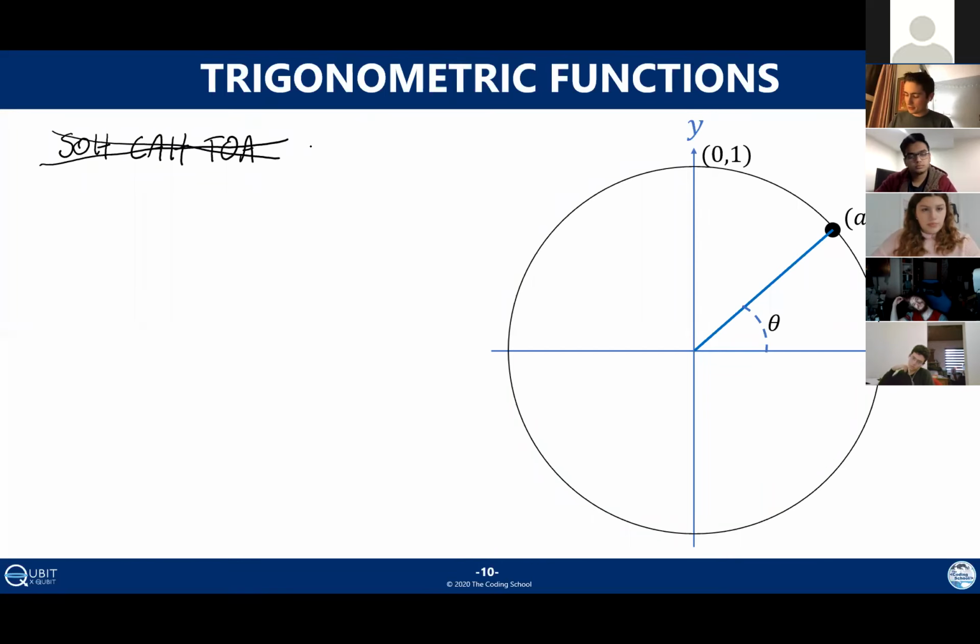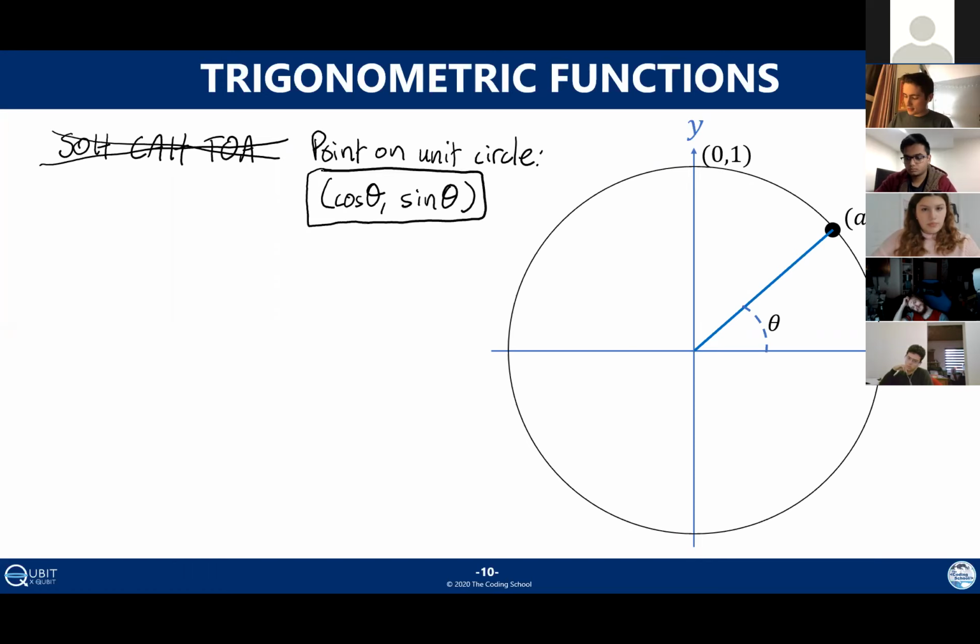Instead, the thing that we want you to remember is a point on the unit circle has coordinates cos theta, sine theta. So the x coordinate is cos theta, the y coordinate is sine theta. How exactly we get that, you don't have to worry about. You just have to remember that we essentially say, by definition, this is how we're going to define cos theta and sine theta.